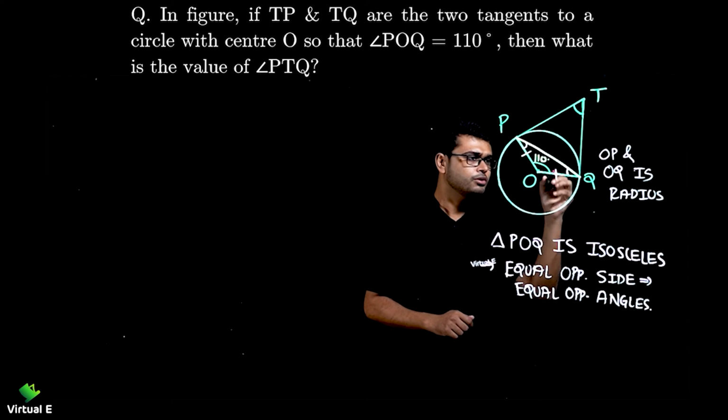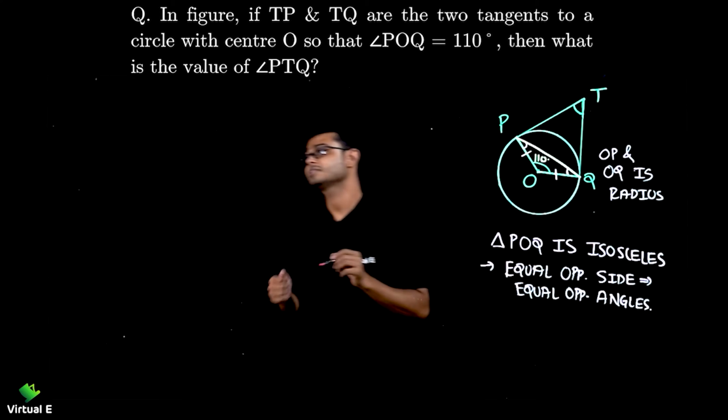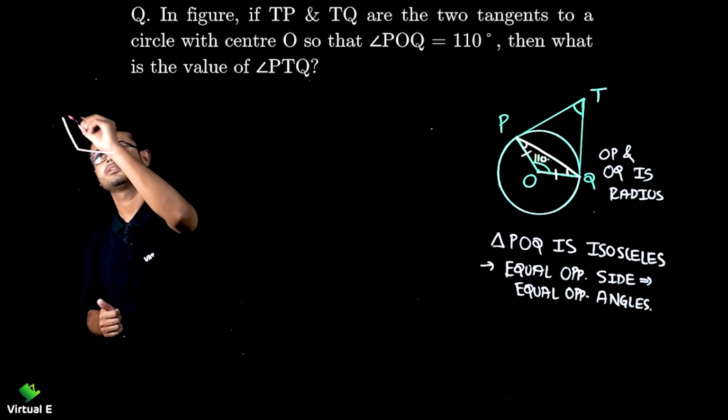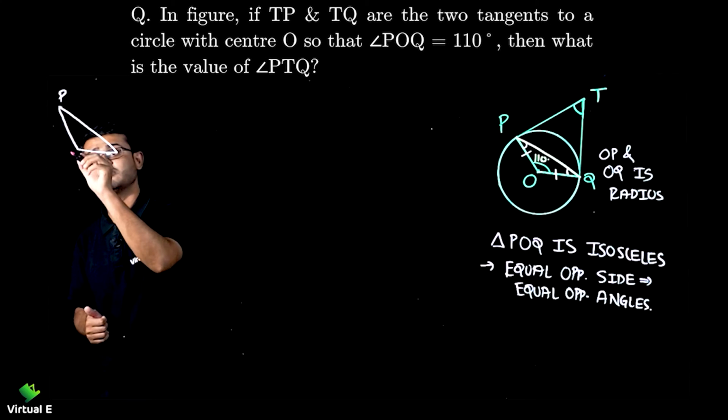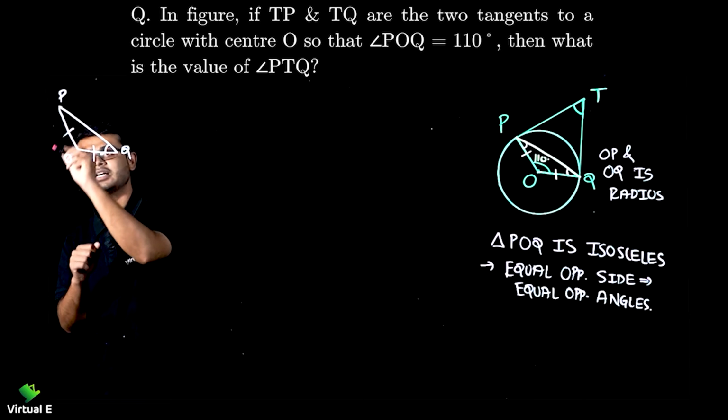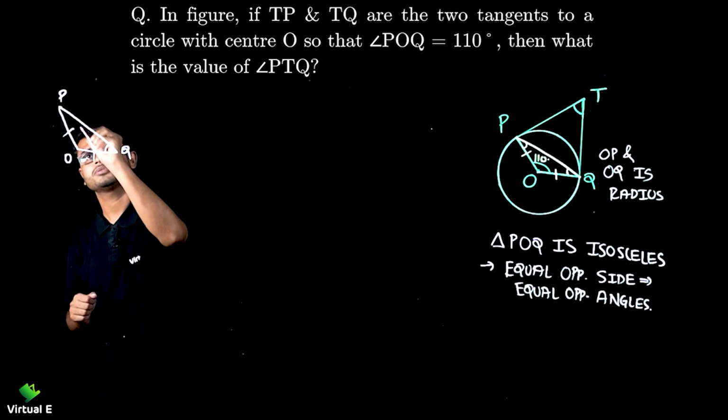So what is the angle opposite to OQ? Let's first of all draw this figure a little bit differently. Here P, then we have O and Q. These two sides are equal. What is the angle opposite to this one?